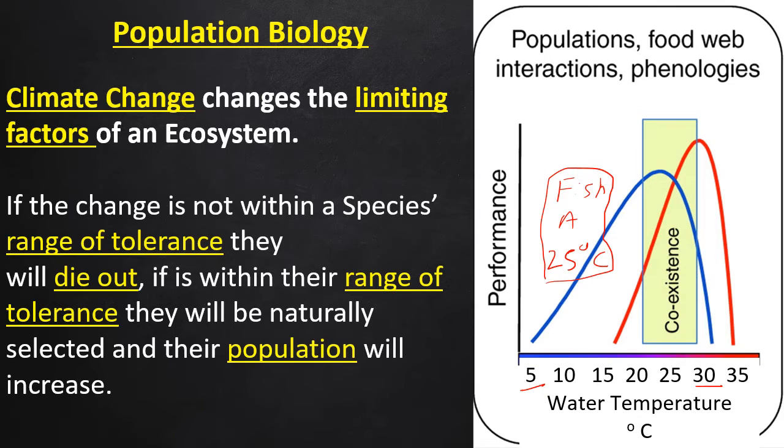Fish number 2, or fish B, has a range of tolerance from 15 degrees Celsius to 35. A little bit less at 20 degrees Celsius range of tolerance.